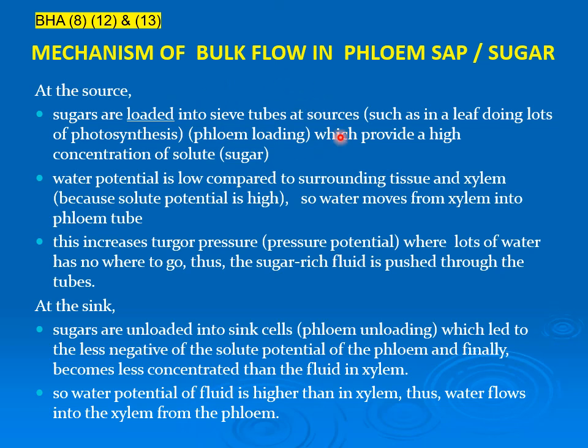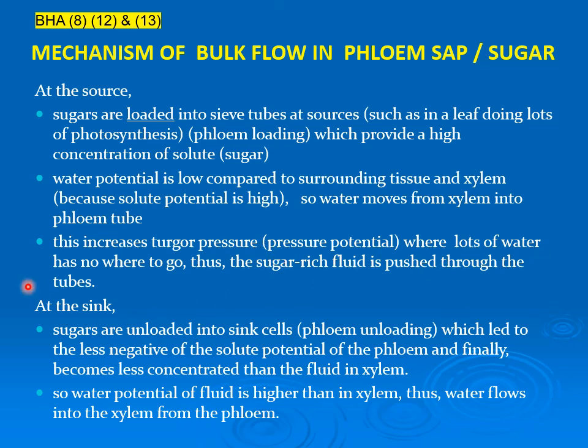Kena mention sieve tube, yeah? And then what happens when this happens? It will provide a high concentration of sugar. So water potential becomes lower. So when it becomes lower, water will move from xylem into the phloem tube. By the process of what just now? Process of osmosis. Okay. And when that happens, it will increase the turgor pressure or pressure potential.